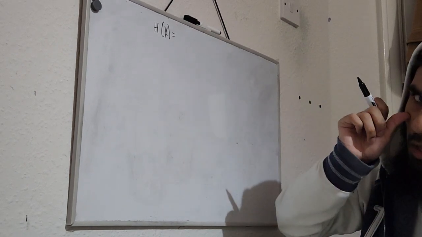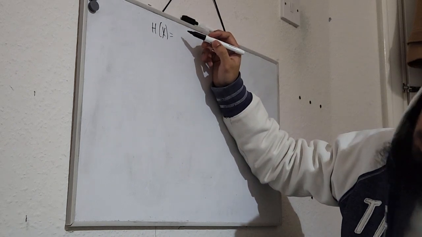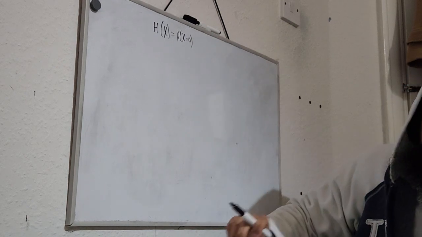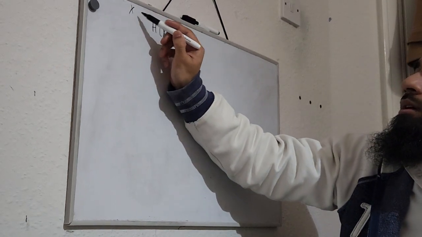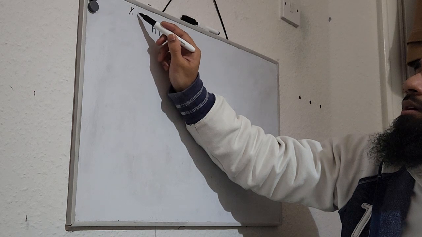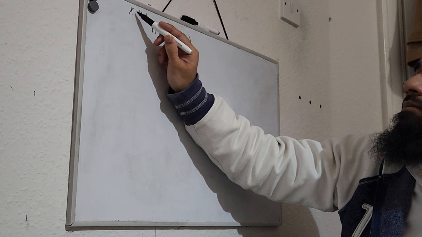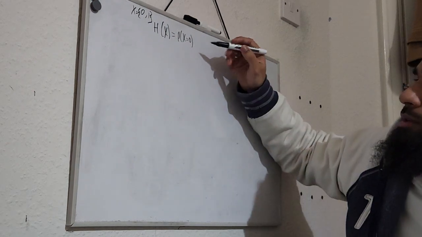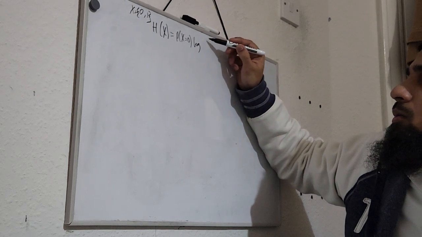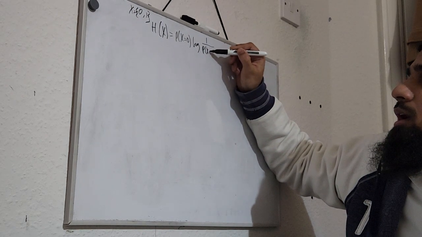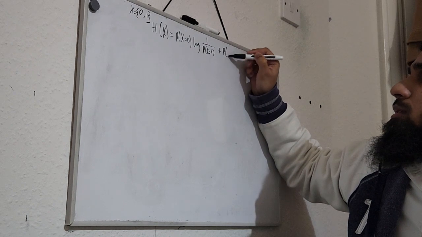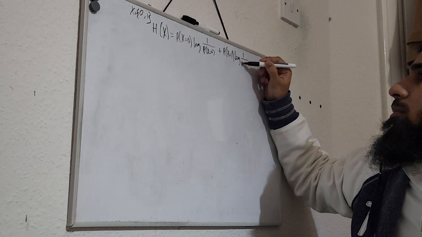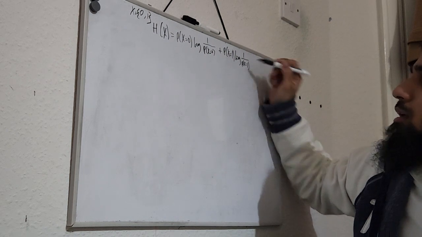We'll just replace the P with the X. It's the probability of X. Let's just say it's binary, okay? X could be 0 or 1. Now, probability of x0 times log of 1 over probability of x0, plus probability that x is 1 times log of 1 over probability of x equals 1.